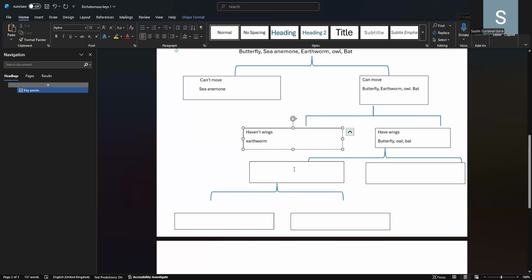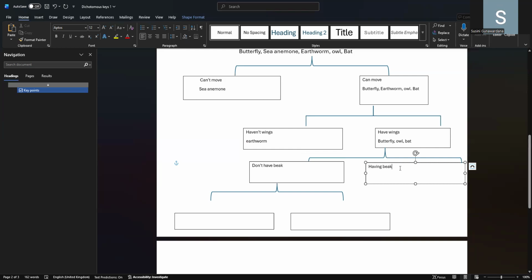So again you have to divide. What are the things that you are going to consider? Have a look. Butterfly, owl, bat. I'm taking having beak and don't have beak.